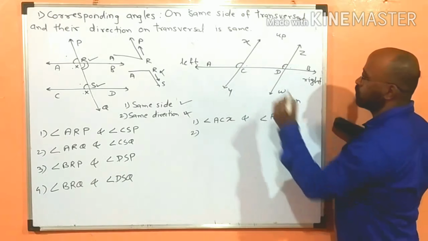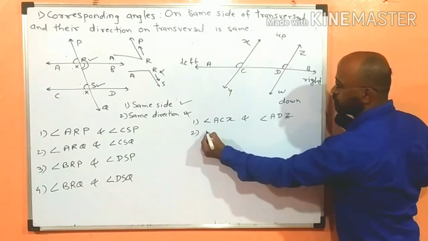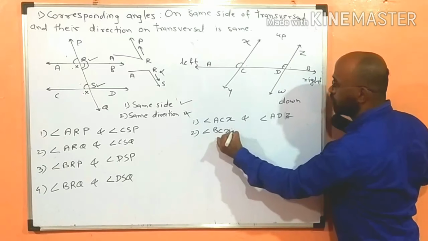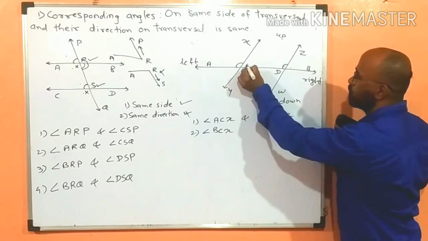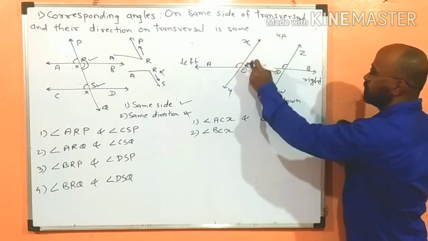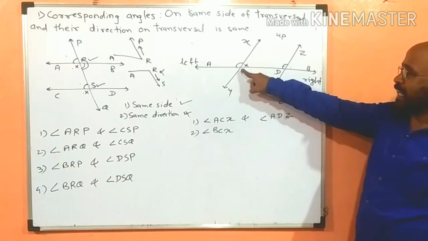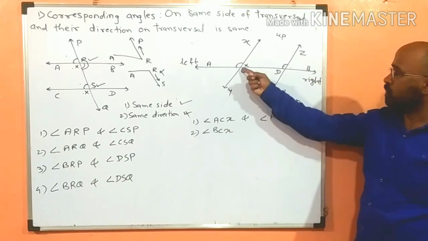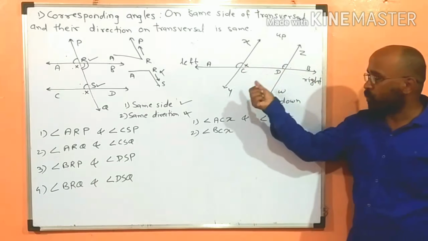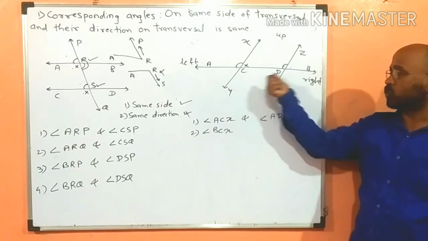The next angle, suppose, is BCX. BCX means which angle? This angle. What is the direction of BCX on the transversal? CB is the arm on the transversal, and its direction is on the right.